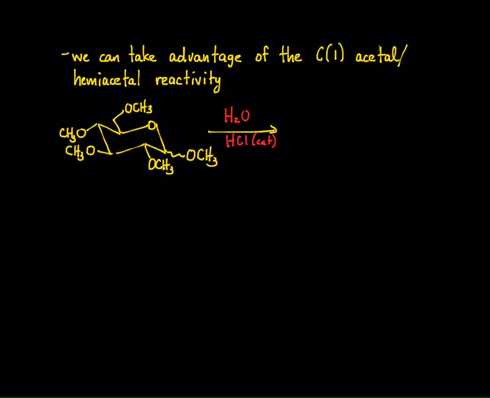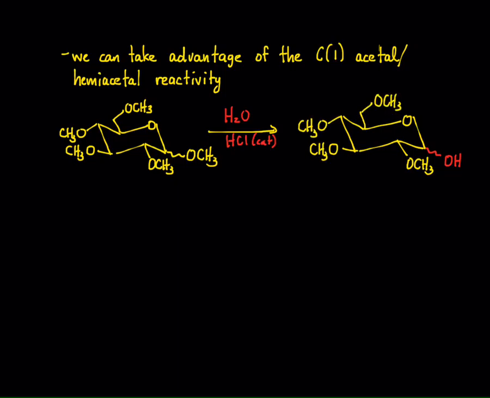The oxygen on the ring can come in, kick that off, and then water can go back on. And so basically, I can now get the OH solely on the anomeric carbon. Now, why would I want to do something like this? Because notice all of the other carbons, C2, 3, 4, and 6, all remain as methyl ethers.